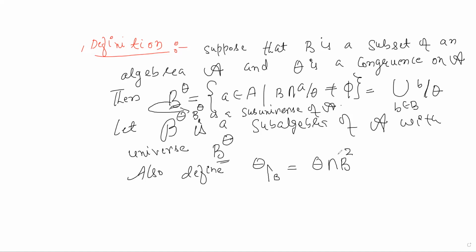That is the restriction of theta to B. Now we can easily see that this theta restricted on B is a congruence on B.